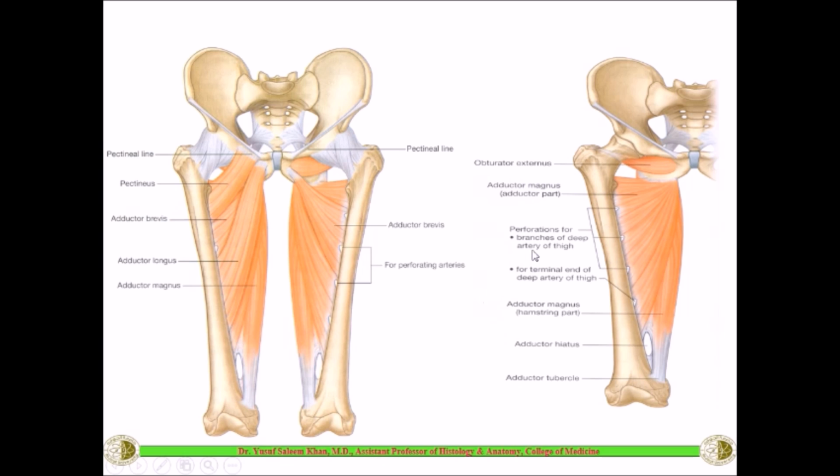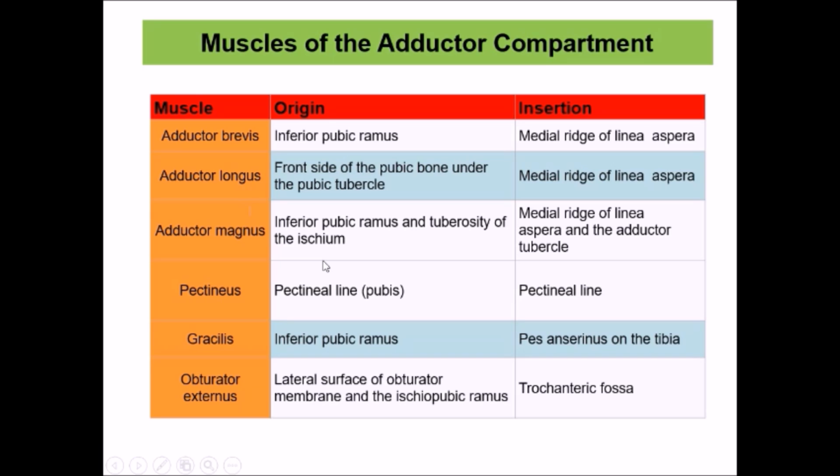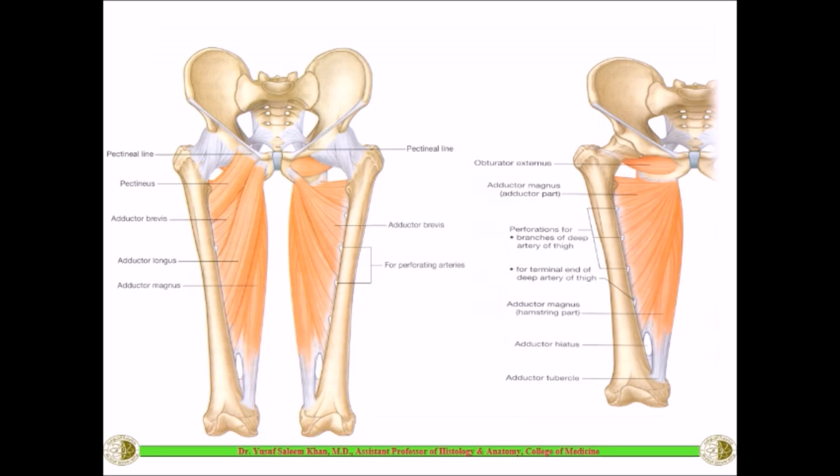The pectineus, as you can see here in this picture, this is the pectineus muscle. This will be taking origin from the pectineal line as well as getting inserted to a pectineal line. Here, if you can see, there is a line on the pubis. This is called the pectineal line.